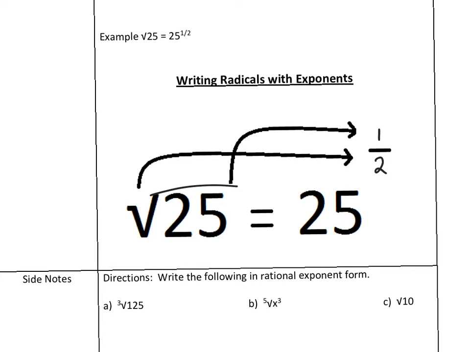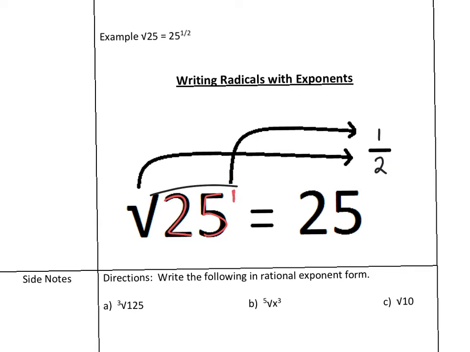So, looking at this 25 here, the one that's underneath of the radical, what power is that to currently? Does it have an exponent? No, so anything that doesn't have an exponent, isn't it just to the first power? It's just itself, right?